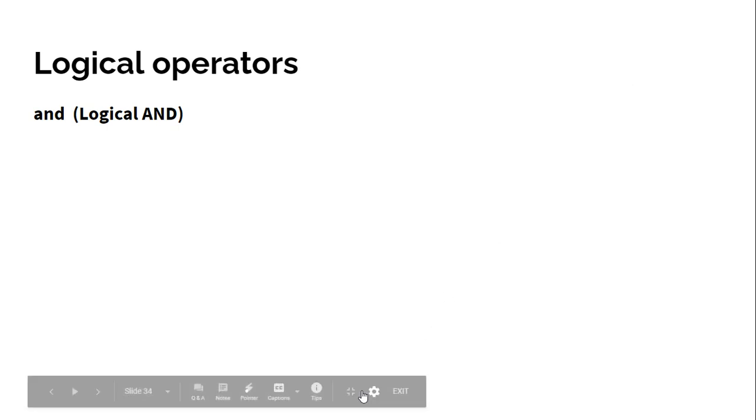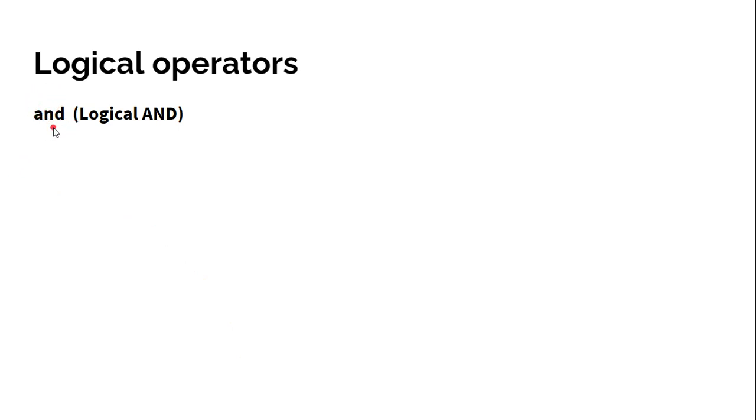The first logical operator is AND. In Python we use AND, but in C or Java, what do we use there? The ampersand symbol. But here in Python we use AND directly.